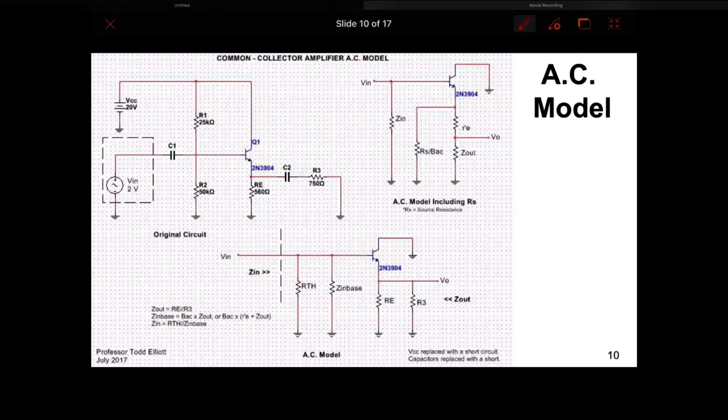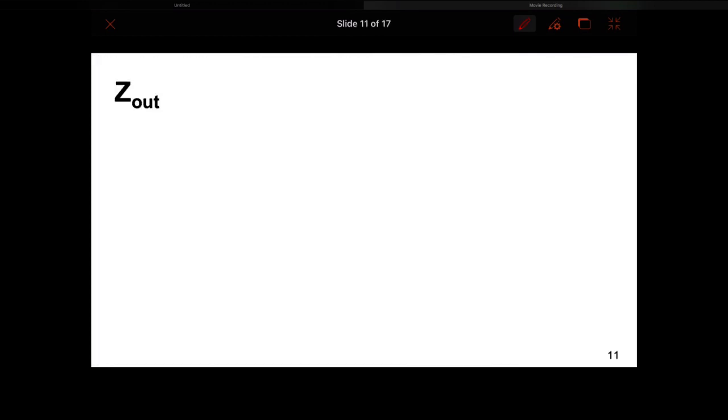AC model. Again, replace all the capacitors with short circuits and remove VCC, replace it with a short, redraw what you see. Okay, so we're calculating all these things, so take a copy of this before going on, please. So Z out is going to be RE parallel with R3.